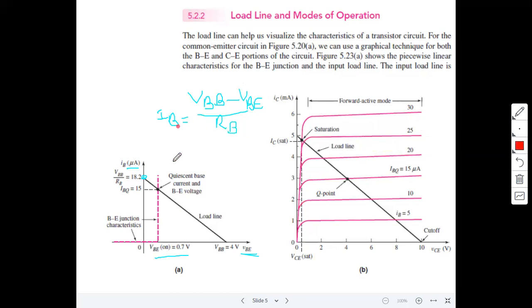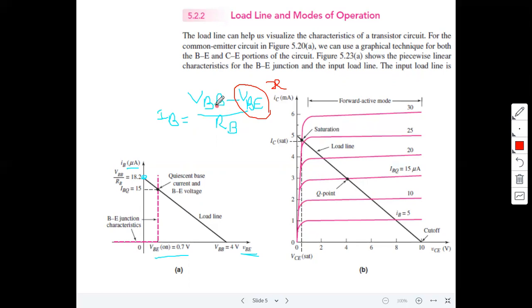Now in this IB expression, VBE is equal to 0, this is the y portion. Sorry, VBE is the x-axis, VBE is equal to 0. When VBE is equal to 0, what is the IB value?